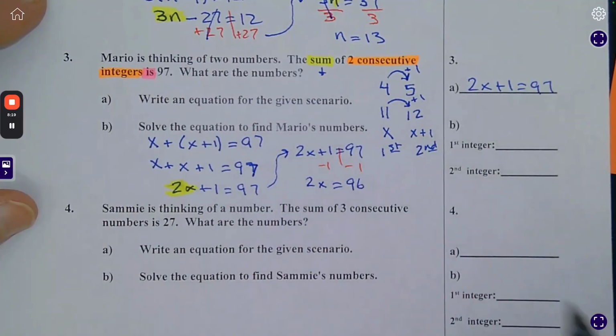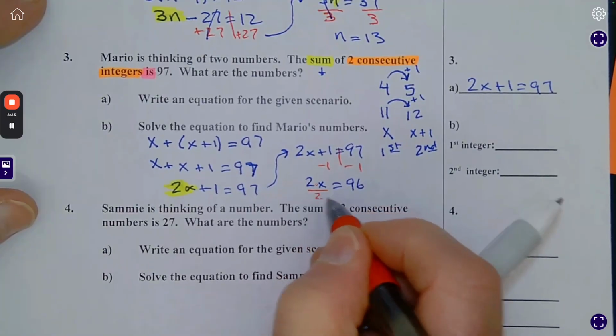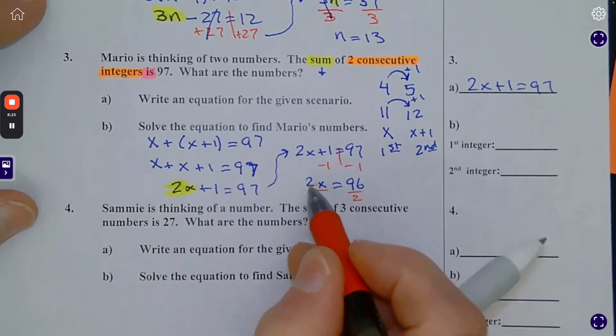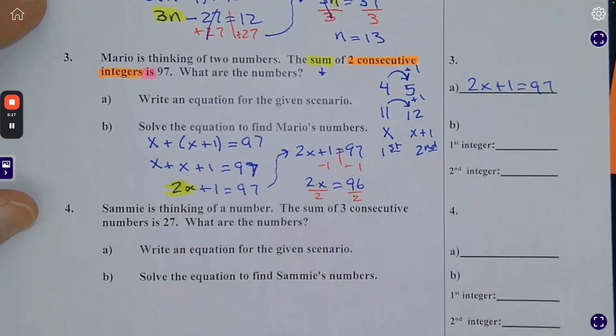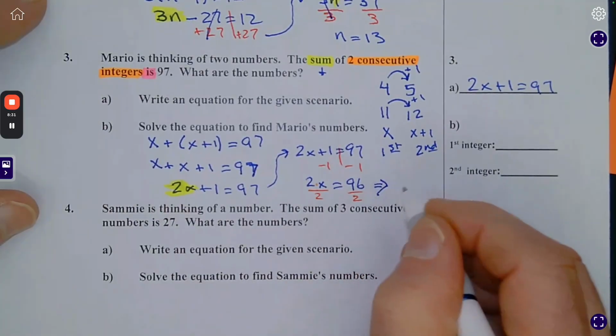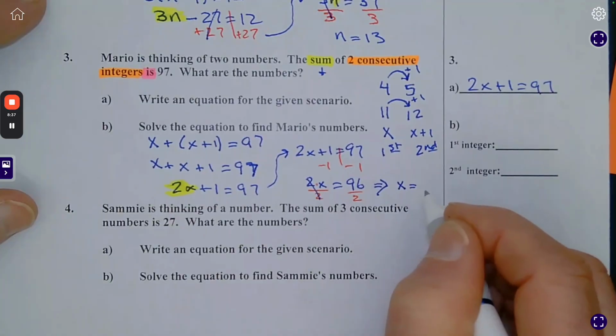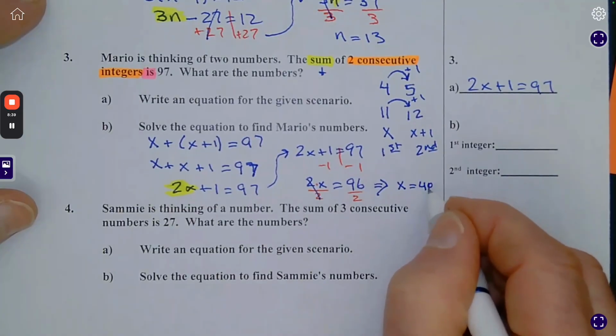And now here's the last move. Always divide by the number in front of the variable. Divide by 2, divide by 2. Because when you divide something by itself, it's always 1. This means my next step, 2 divided by 2 is 1x. That was my goal. And then 96 divided by 2 is 48.